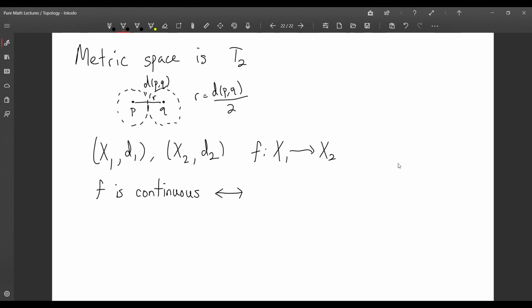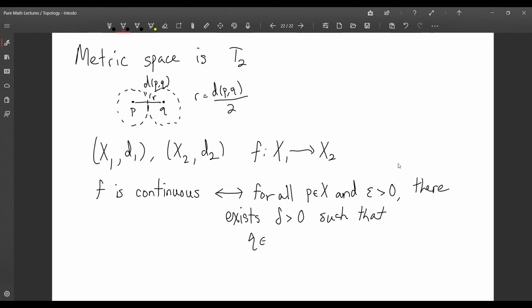But here we can say an equivalent definition for continuity using the metrics d1 and d2, which says that for all p in X and epsilon greater than 0, there exists a delta greater than 0 such that if Q is in the ball of radius delta around P, in other words, if the distance between Q and P is less than delta, then f of Q is going to be in the ball of radius epsilon around f of P. In other words, the distance between these two is less than epsilon.